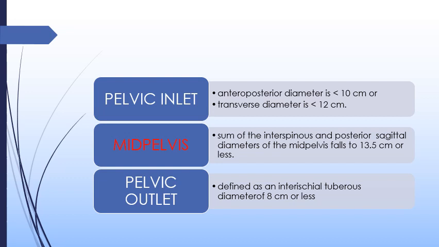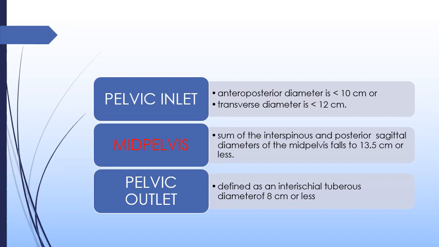The definition of pelvic contraction has not been established. It is likely contracted when the sum of the interspinous and posterior sagittal diameters of the mid-pelvis, normally 10.5 cm plus 5 cm or 15.5 cm, falls to 13.5 cm or less.